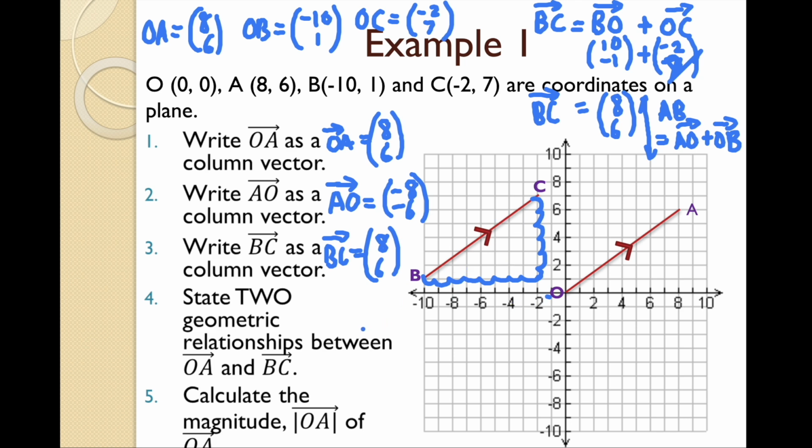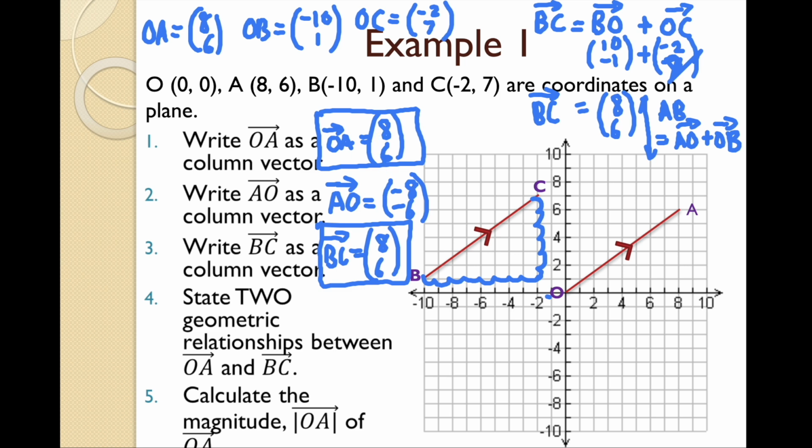Okay, now, without even doing any comparisons or calculations, I want y'all to tell me 2 geometric relationships between OA and BC. Oh my gosh, y'all make this look too easy. I was trying to make y'all think a little more, but that's correct. OA is the same size as BC, as you can see. And based on the numbers, can you see the numbers?